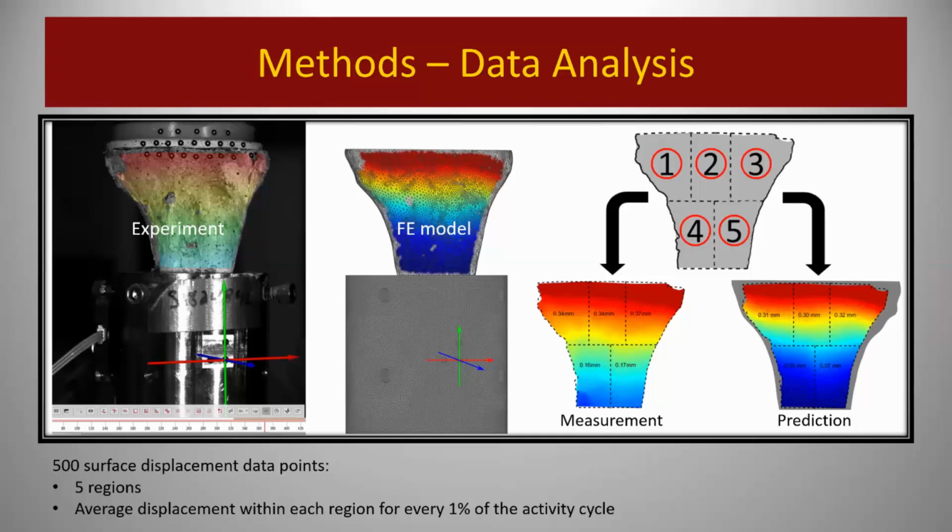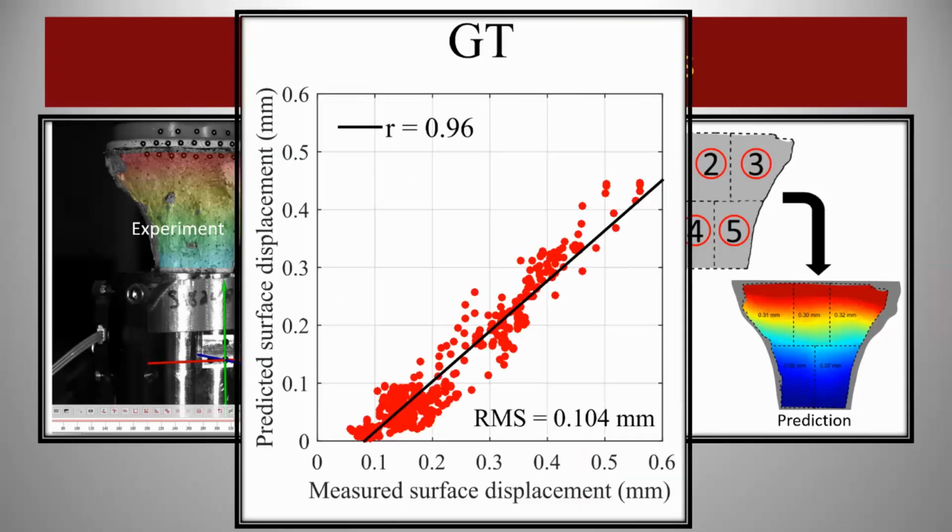The average displacement within each region was calculated for every 1% of the activity cycle. The correlations between the prediction and measurement were then calculated and visualized by creating a scatter plot and applying linear regression with those 500 comparison pairs.